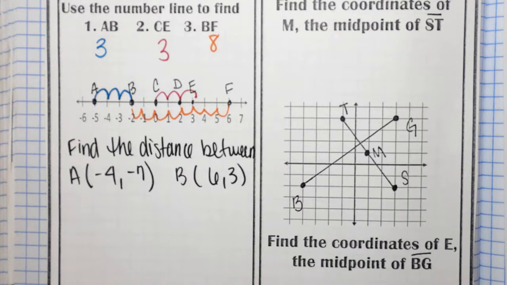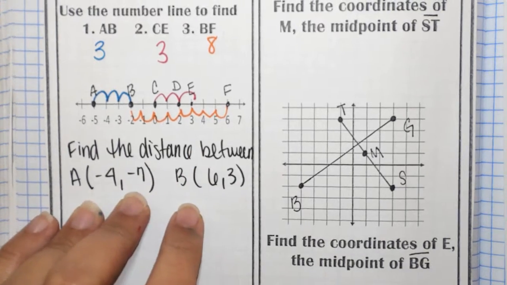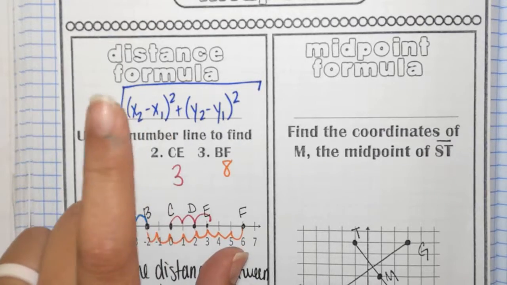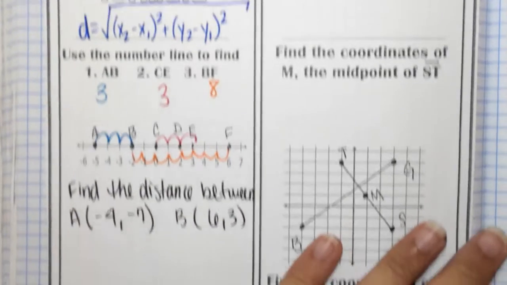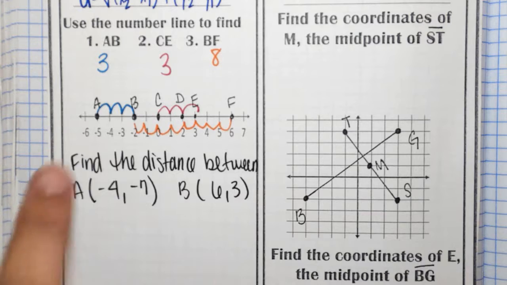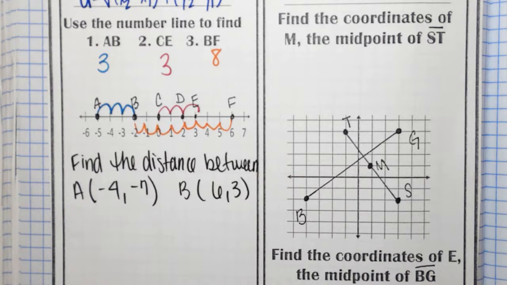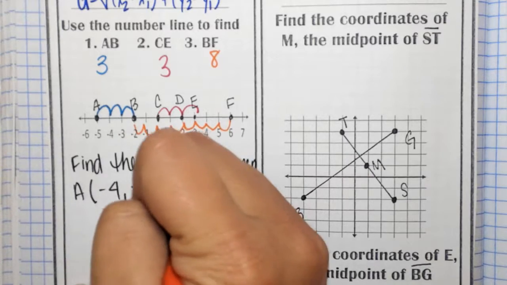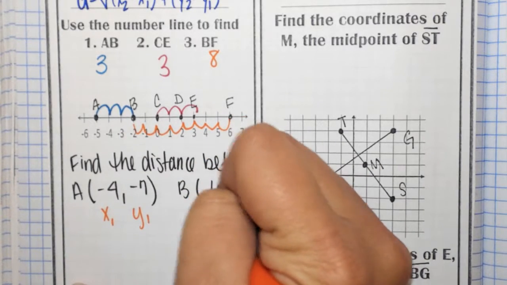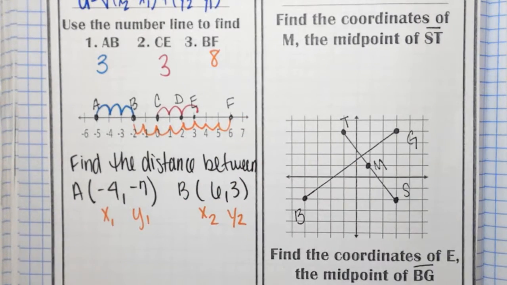Coordinate plane. So if we're doing the coordinate plane, do we use the distance formula? We do. So what I want us to do first is I want us to label this x1, y1, x2, y2. And I want you to do this every single time.